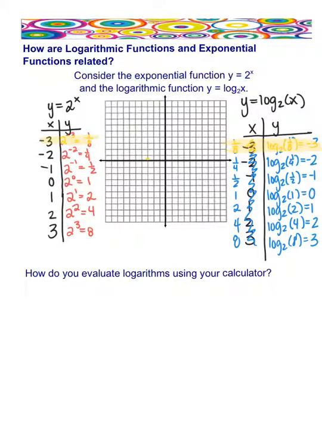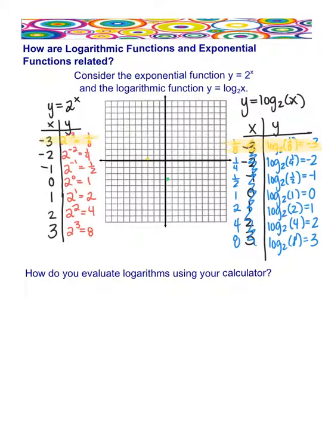It's about right here. And on my logarithmic graph, I have the point (1/8, -3) right here. So what you notice is that these points are inverses of one another. The x value and the y value have flipped.